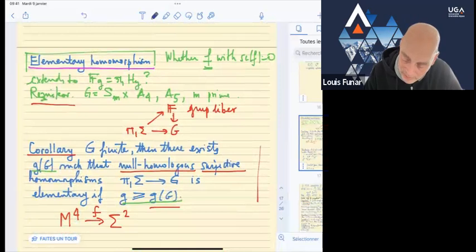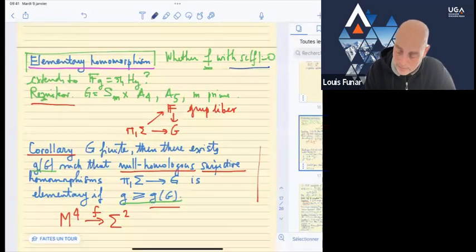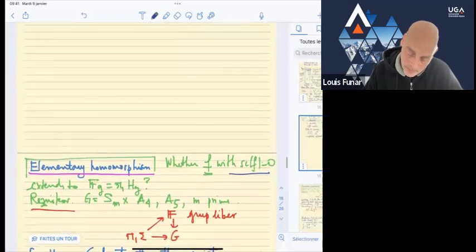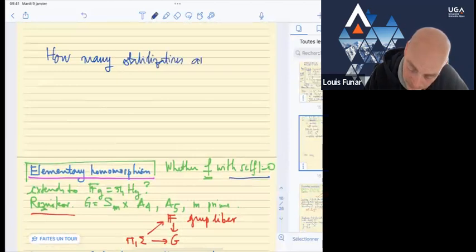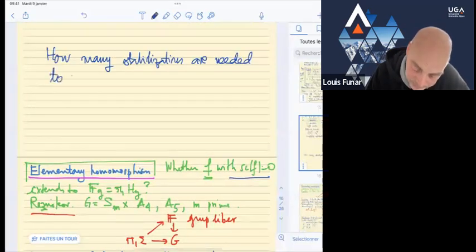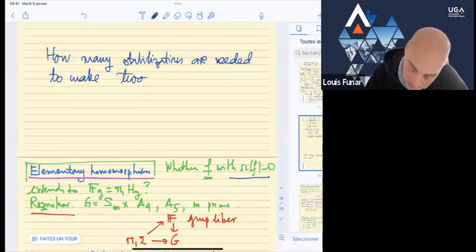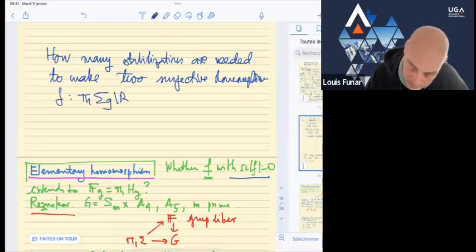If you take such homomorphisms which are called elementary, namely those which have the Schur class trivial, the question corresponds to how many stabilizations are needed to make two surjective homomorphisms, sigma G or sigma G minus B, as you want, into some group G stably equivalent.